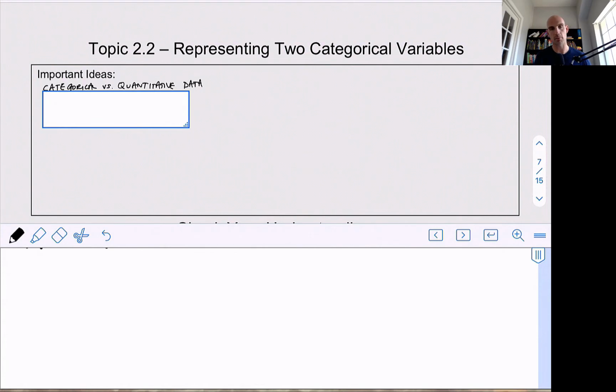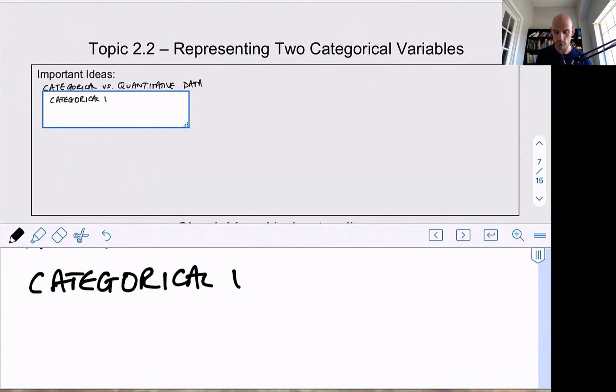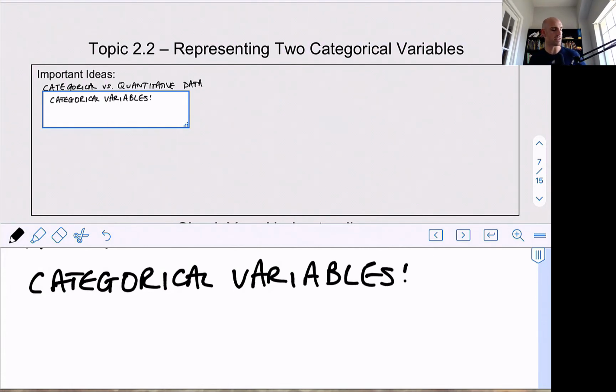It also could be variables, so data or variables. So categorical variables take on values that are labels or names.